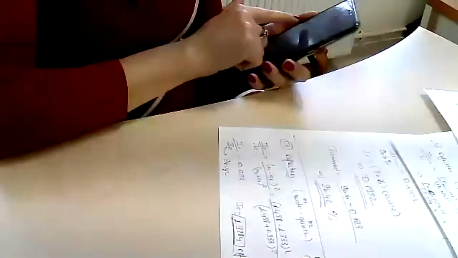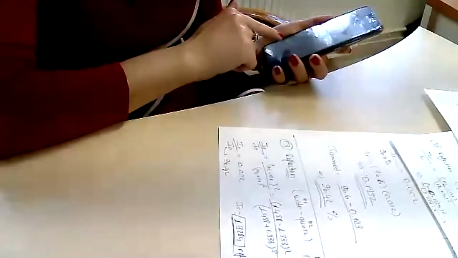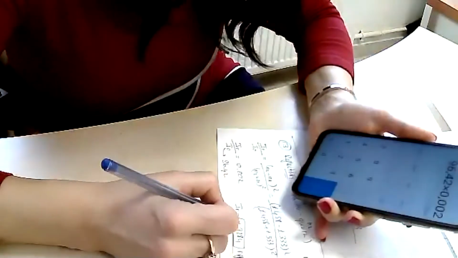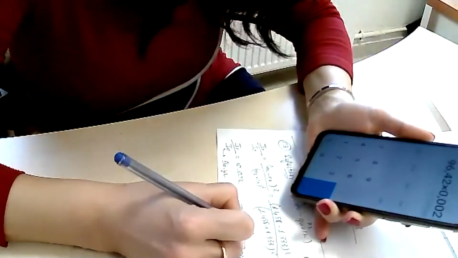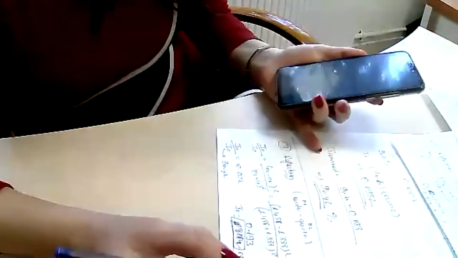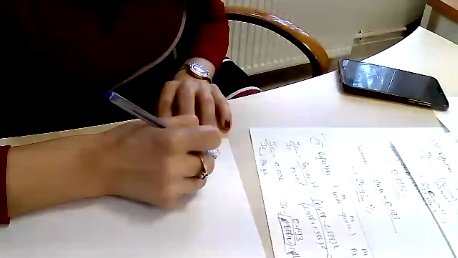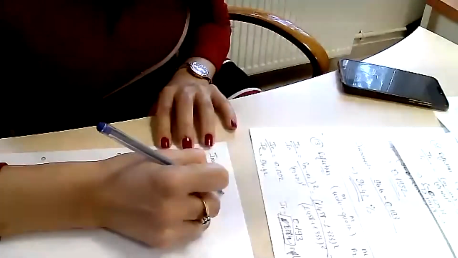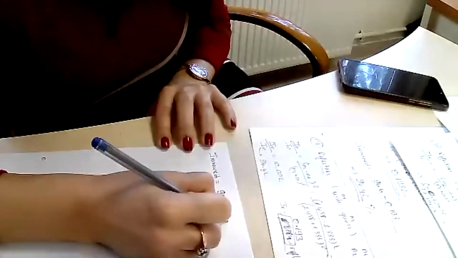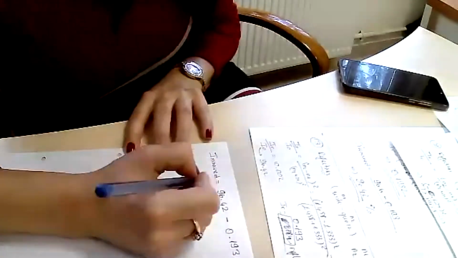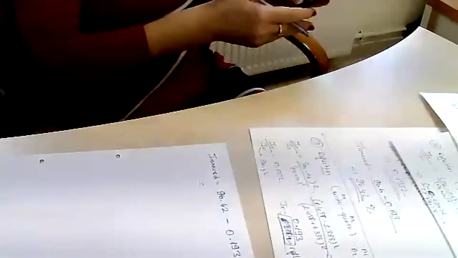And here, 96.42 multiplied by 0.002 is 0.193 again. Here, the remained is 96.2 minus this, and here the remaining intensity of light.